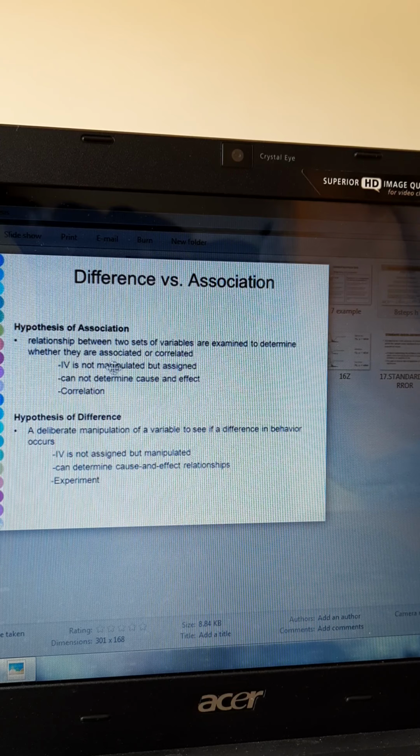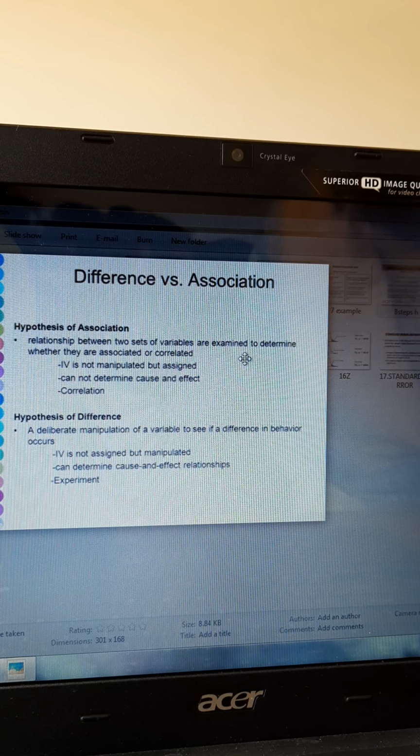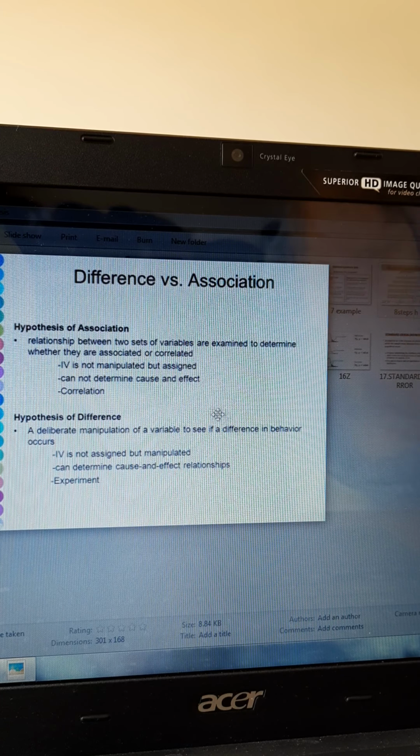Manipulation is about how the readings are changed; here you are just correlating, that's all. You are seeing if there is a correlation or not. Whereas if you see the difference, then you keep manipulating the independent variable.